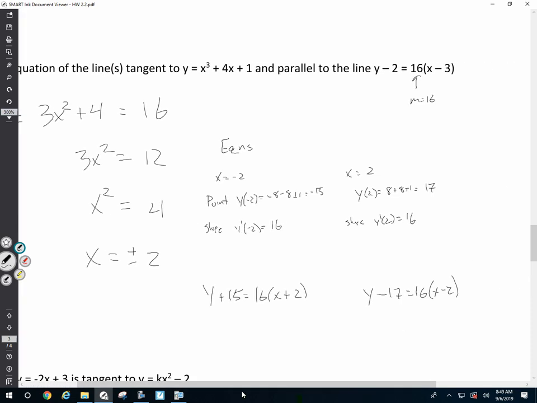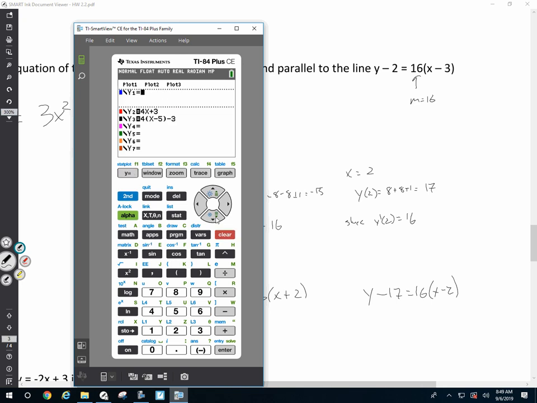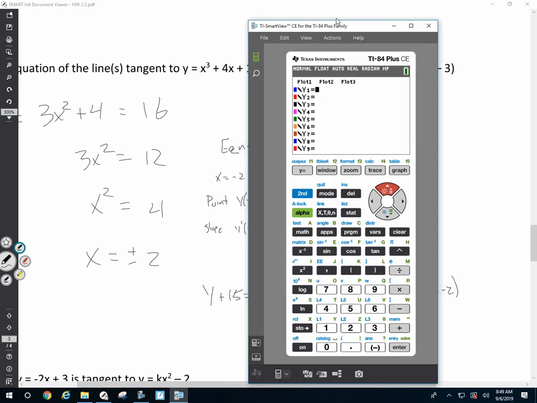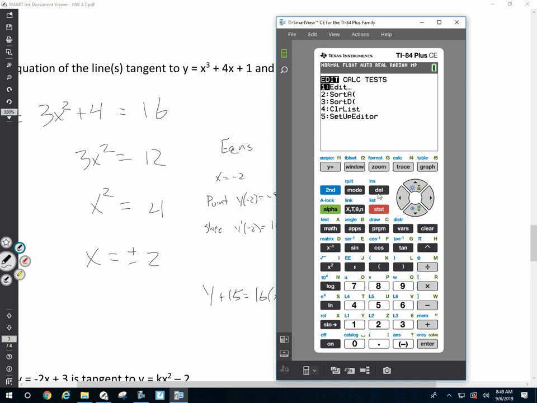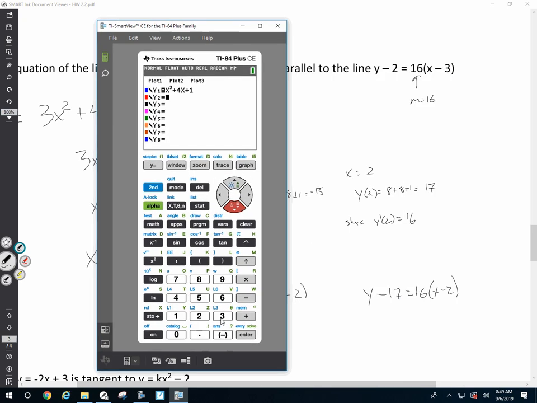Okay, let's see. I got x cubed plus 4x plus 1. I got the line that is not tangent, 16, x minus 3 plus 2.